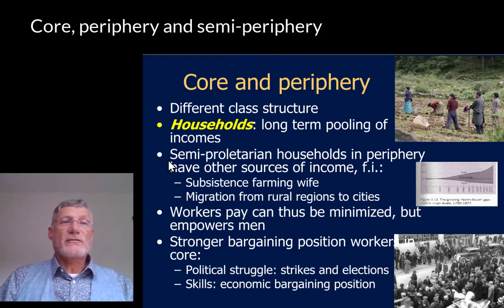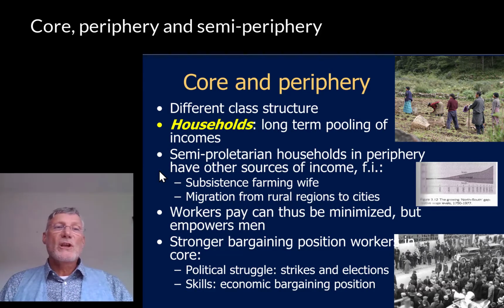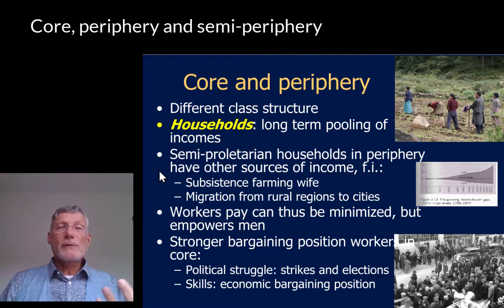And then the concept is another confusing concept: the semi-proletarian households in the periphery. These are households, mostly relatively extended families, where some members are wage laborers, while a lot of other family members, think for instance of the subsistence farming wife, also supply food, also income for the household.